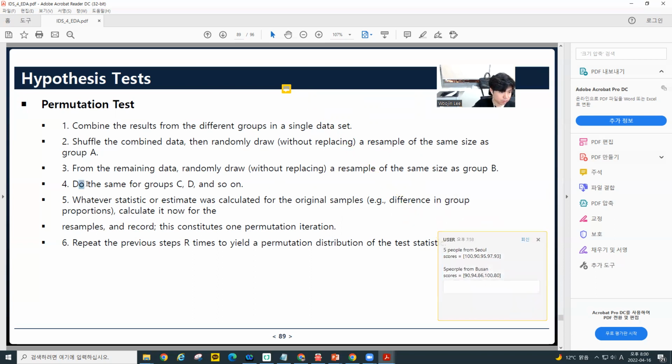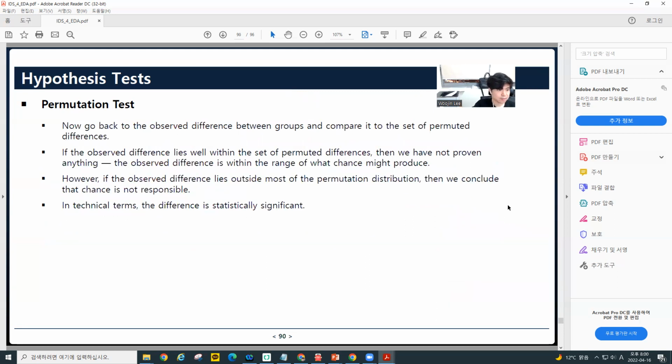So we randomly shuffle, record the results, repeat many times, and yield a distribution of the test statistic. So this is what we call a permutation test.